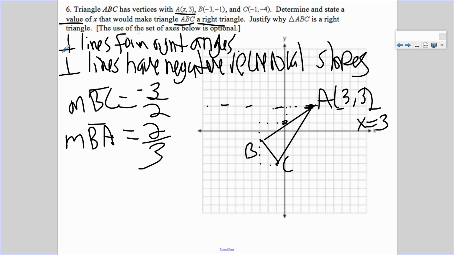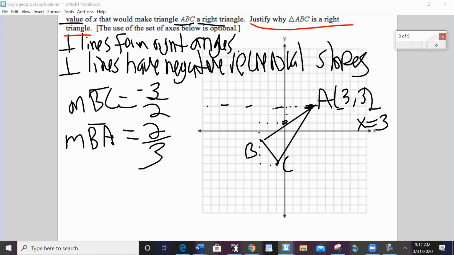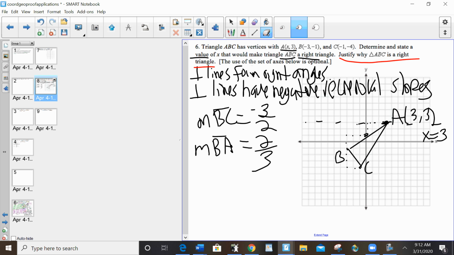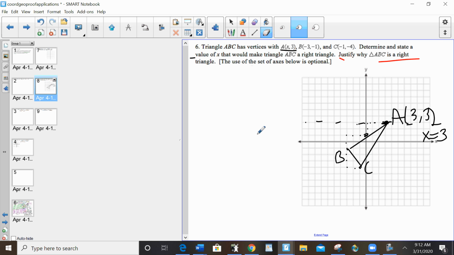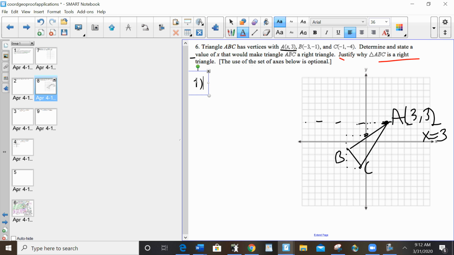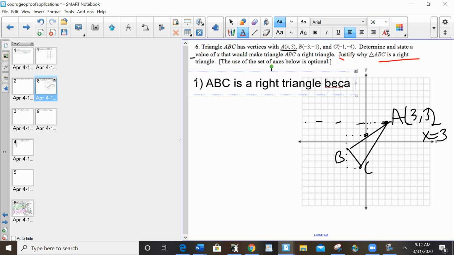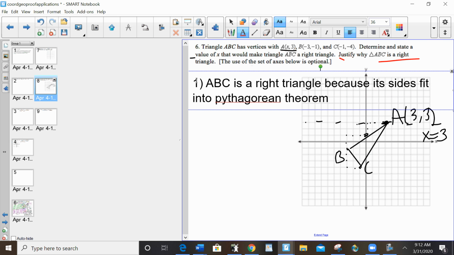And now it says to justify why triangle ABC is a right triangle. Well, that's the same thing as saying prove that it's a right triangle. So let's get some space and erase this stuff. ABC is, we just did this in number 4, is a right triangle because its sides fit into Pythagorean theorem.